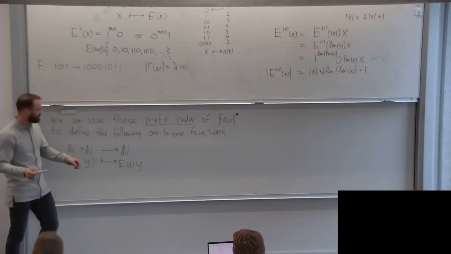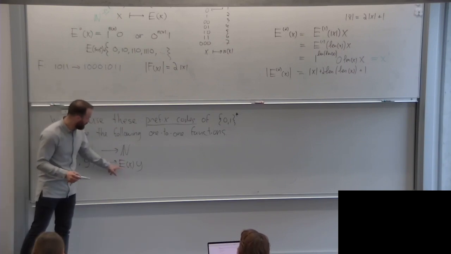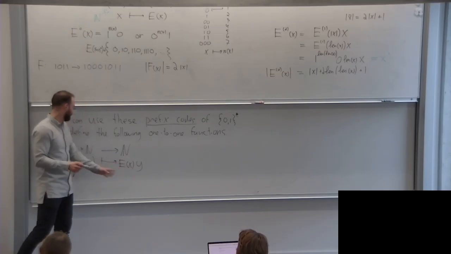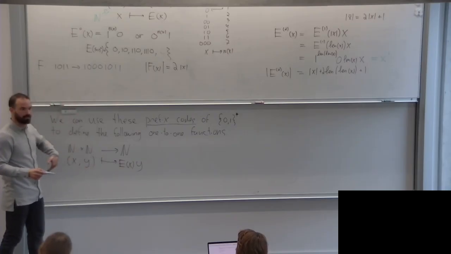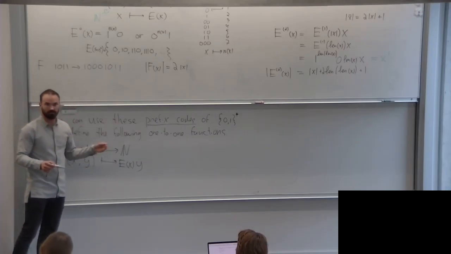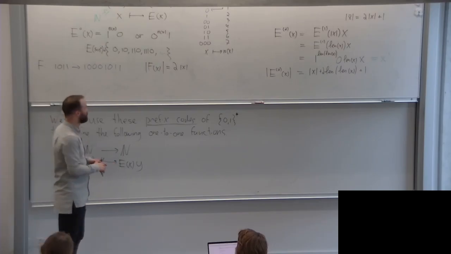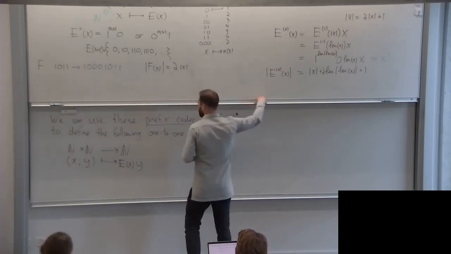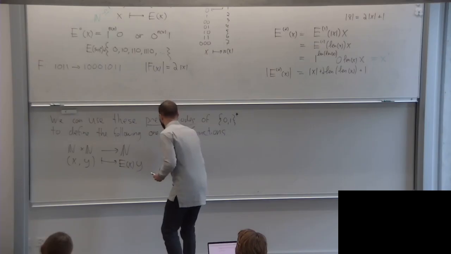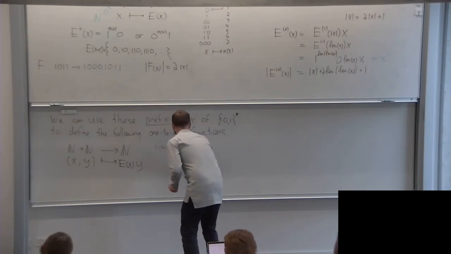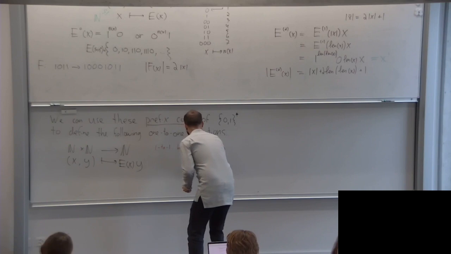There's not going to be any collision, because with the prefix version of X, once you read it, you know you have X, so you're done. You know you've got X. What's left is Y. So it is one-to-one, but it's not a prefix code.